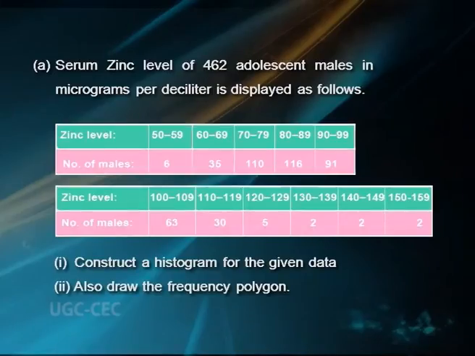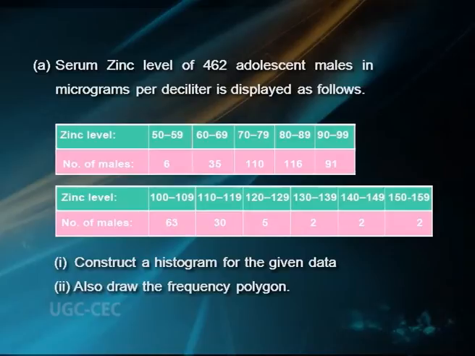1. Serum zinc level of 462 adolescent males in micrograms per deciliter is displayed as follows: zinc level 50 to 59, 60 to 69, 70 to 79, 80 to 89, 90 to 99, 100 to 109, 110 to 119, 120 to 129, 130 to 139, 140 to 149 and 150 to 159.